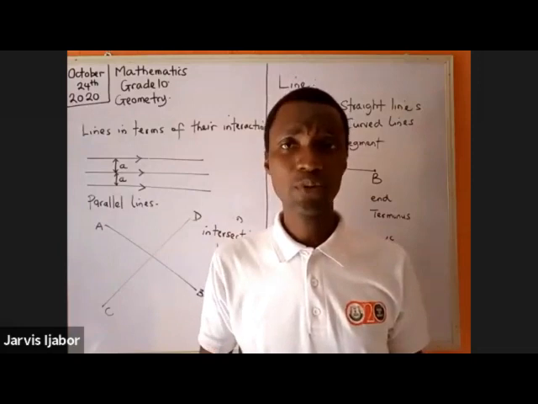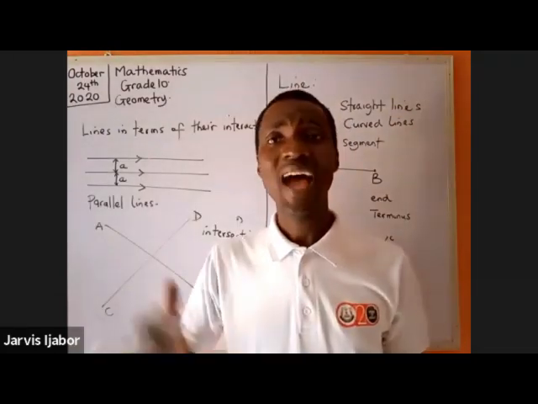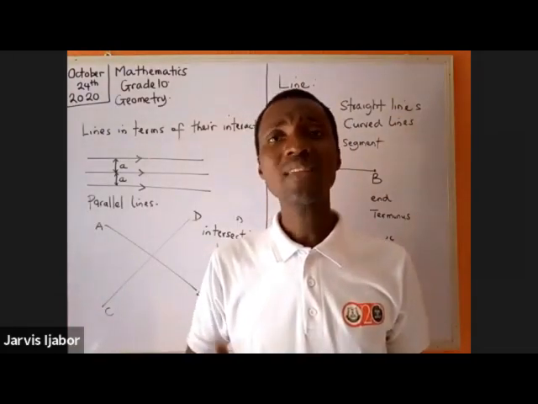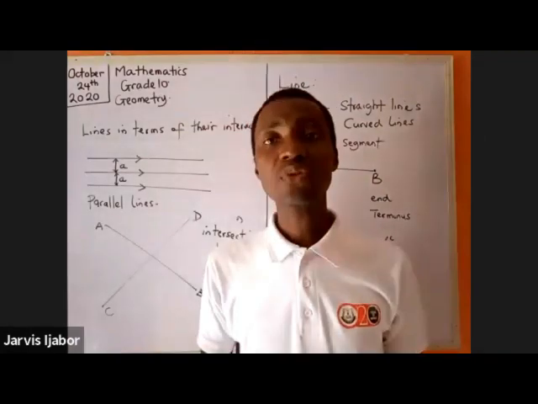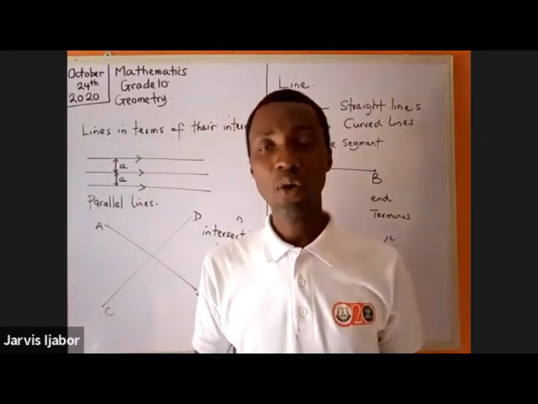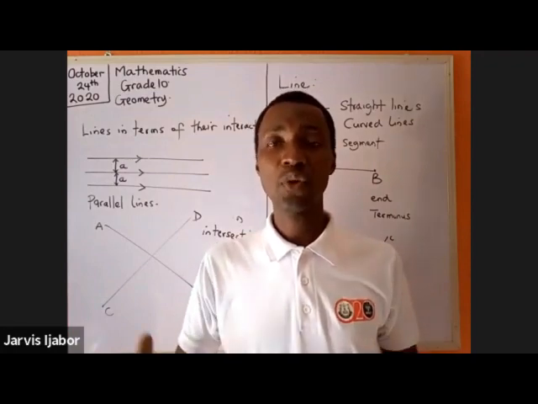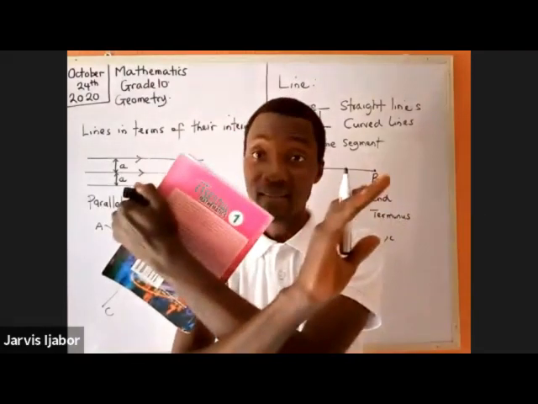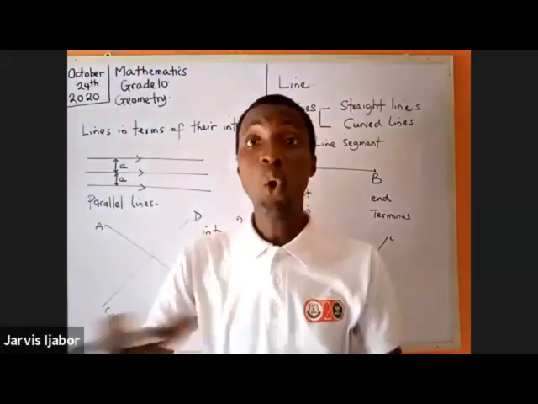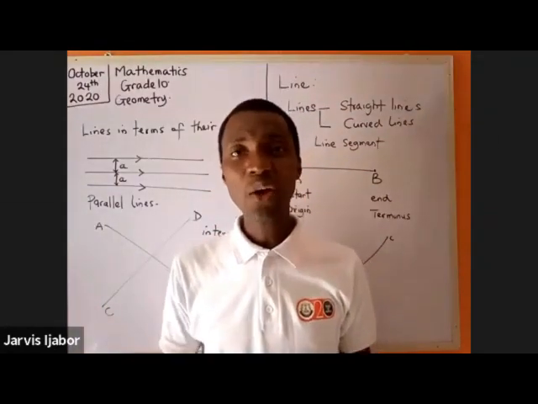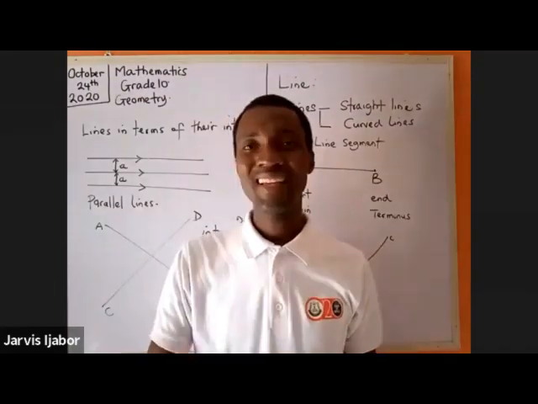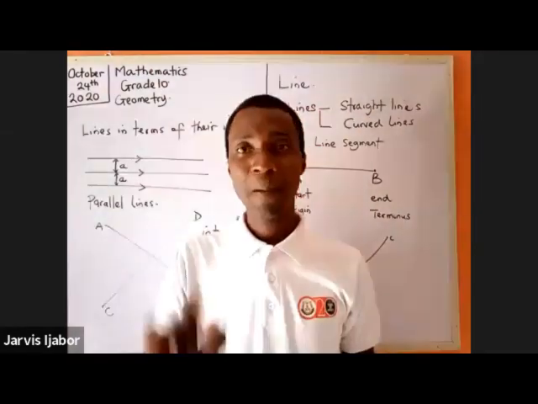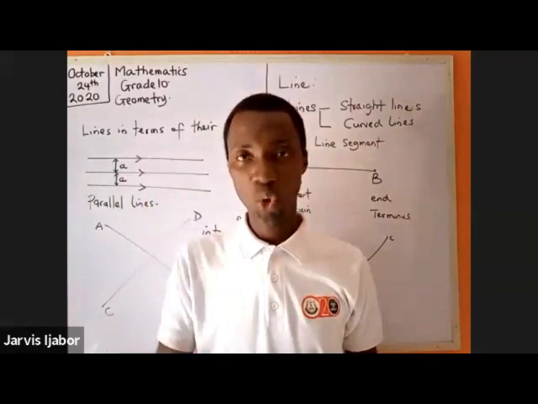What was the last letter we talked about? We called it angles. So what essentially are angles? Angles come into play as a result of lines intersecting, joining, or meeting. So an angle is formed whenever lines, plural, intersect, meet, or join.